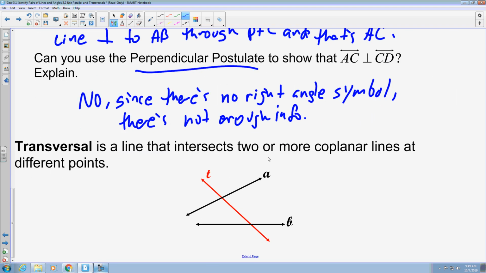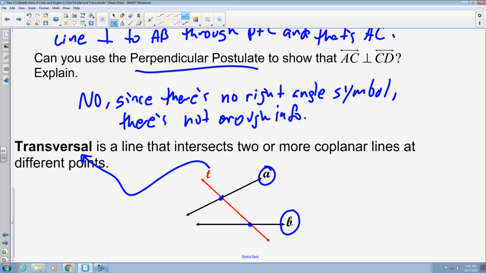So next we have a transversal. A transversal is a line that intersects two or more coplanar lines at different points. So what we have here is line A and line B. The transversal in this case is line T. The reason why it's the transversal is because it's the line that connects more than one point.